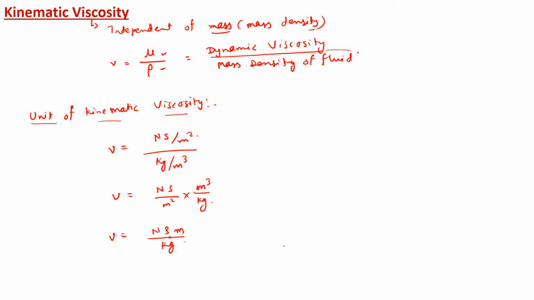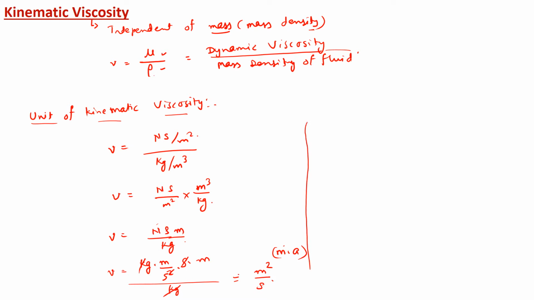Now if we convert Newton into more fundamental units, 1 Newton is mass into acceleration, so Newton is kilogram into meter per second square, into second per meter, upon kilogram. So we get the kinematic viscosity as meter square per second.